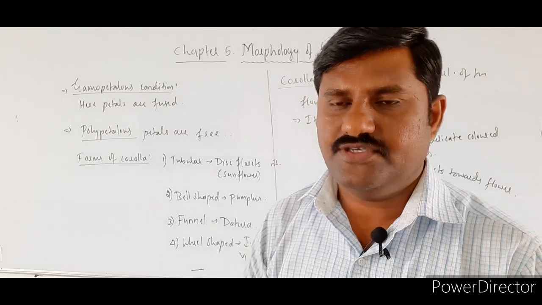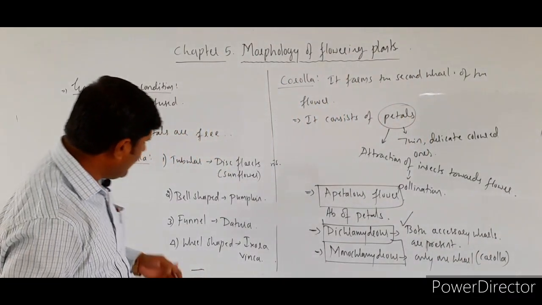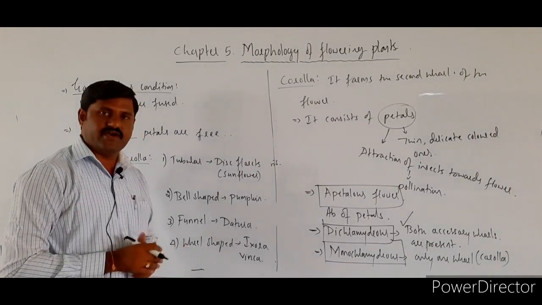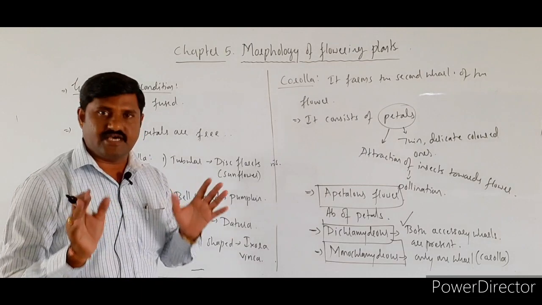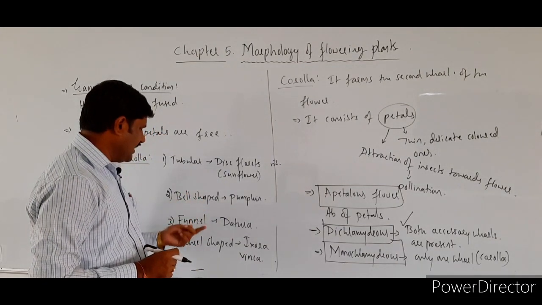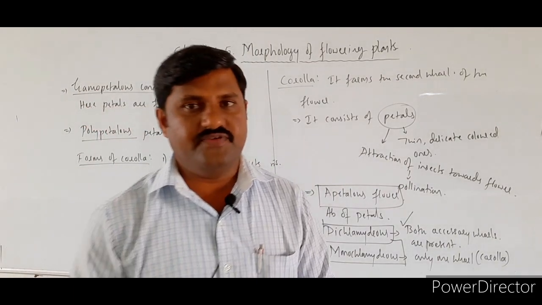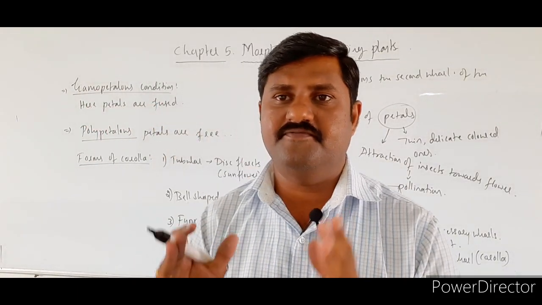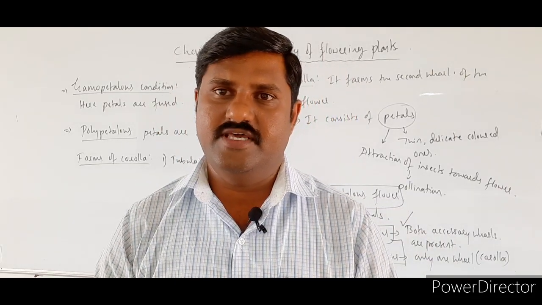In that case, you will find a wheel-shaped corolla. So these shapes and their respective examples are very important to understand, right? Tubular, bell-shaped, funnel-shaped as well as wheel-shaped corolla are the different forms of corolla that we come across.